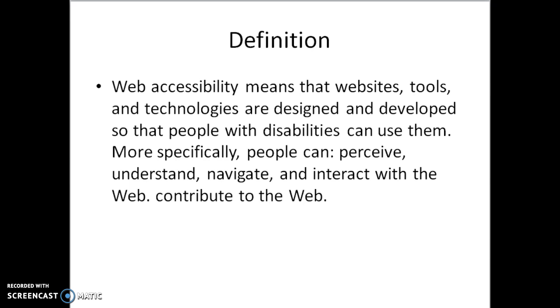And I'll explain that later. So in short, web accessibility just basically stands for people who need help on accessing the internet. This is what it basically is.